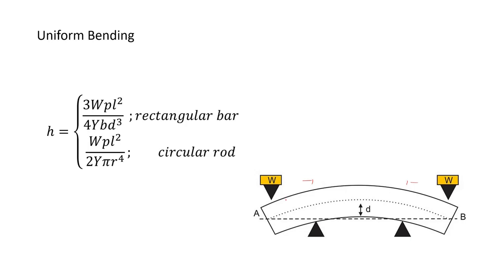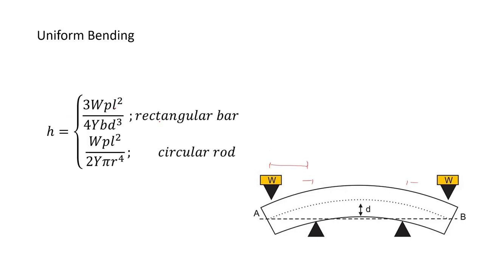And in the case of uniform bending, the height to which the beam is elevated is calculated in case of a rectangular bar as 3 by 4 WP L square divided by YBD cube. Here P is the distance from the knife edge towards the weight hanger and it is equal on both sides.